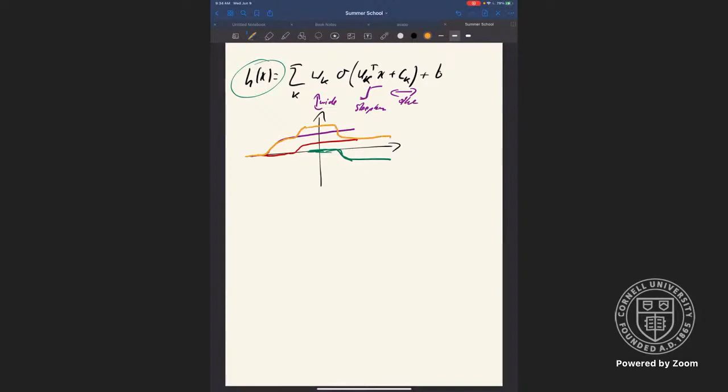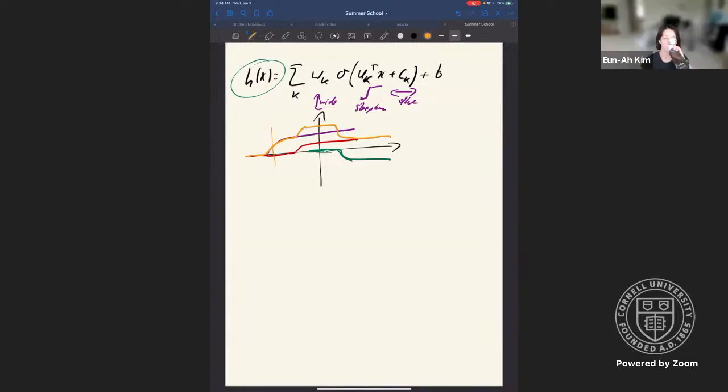And so what you're realizing is that what a neural network is doing is really just learning these piecewise linear functions. The sigmoidal units are like classifiers: they tell you at what point you add a new piecewise linear function.